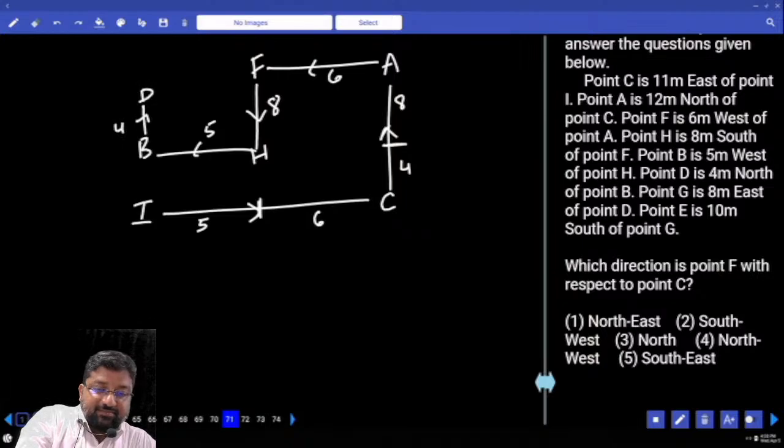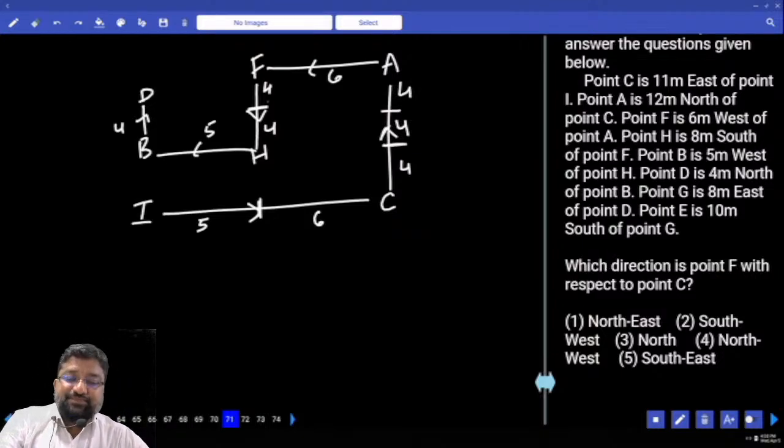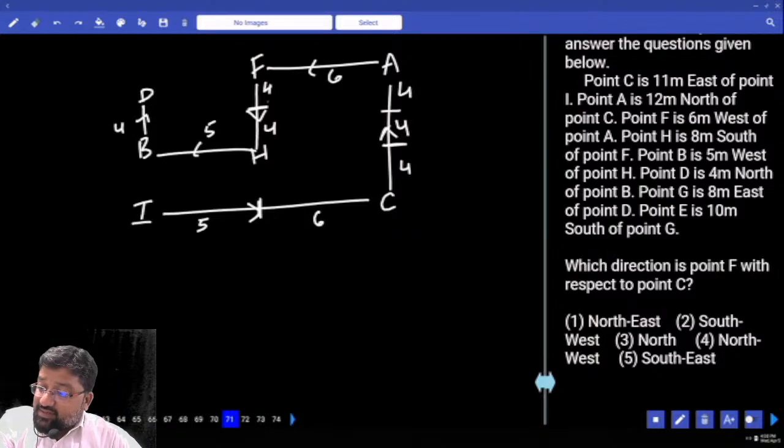D. If I mark a point here, 4. This also can further be divided into 4. Clear? Next, what's the line?